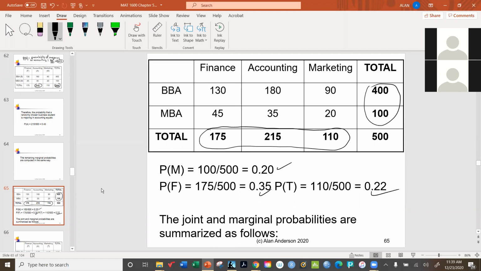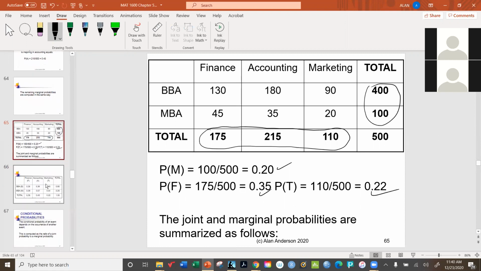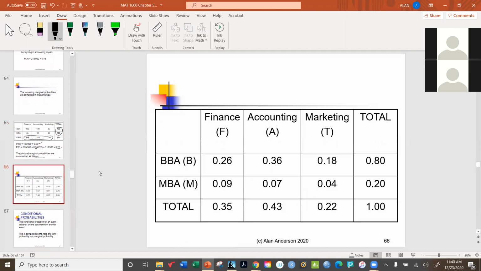So you're probably wondering, well, what else could we possibly do with this information? Well, we've saved the best for last, the one that we need for our multiplication rule. Okay. Oh, and so you know what I've done here? I just wanted you to see this.